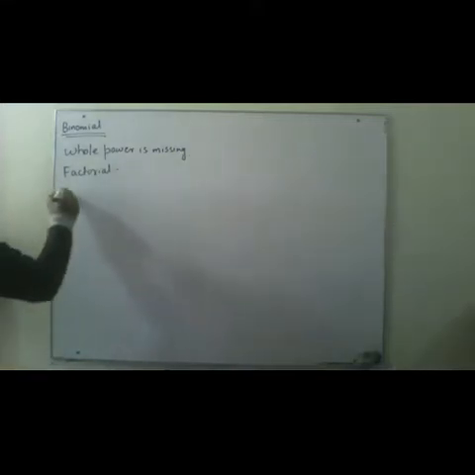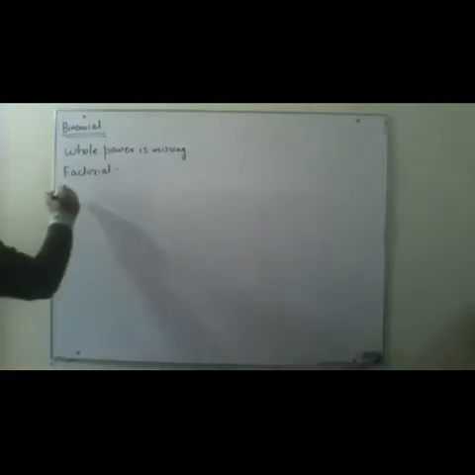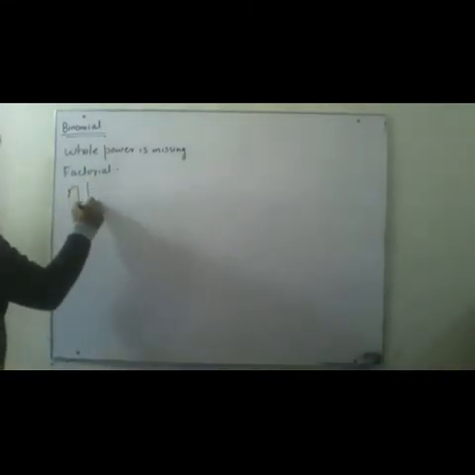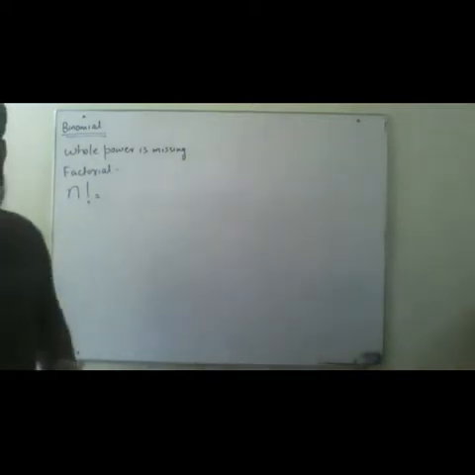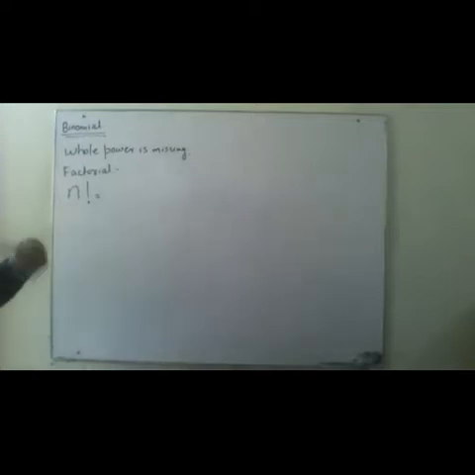Now, for instance, they are giving us that we have to solve it by using, I have to find a factorial of n factorial. Okay, n can be a number, right? So when we are saying n factorial, how will I write it?